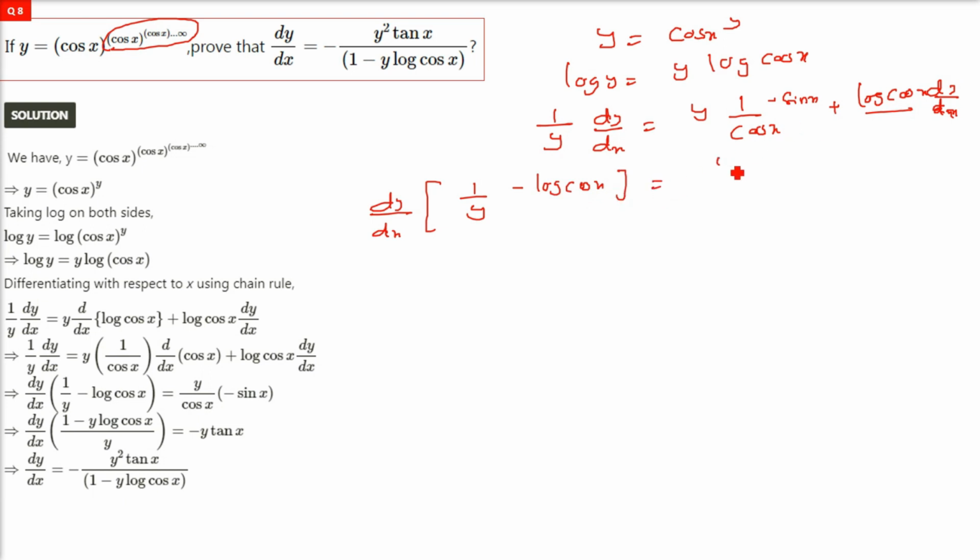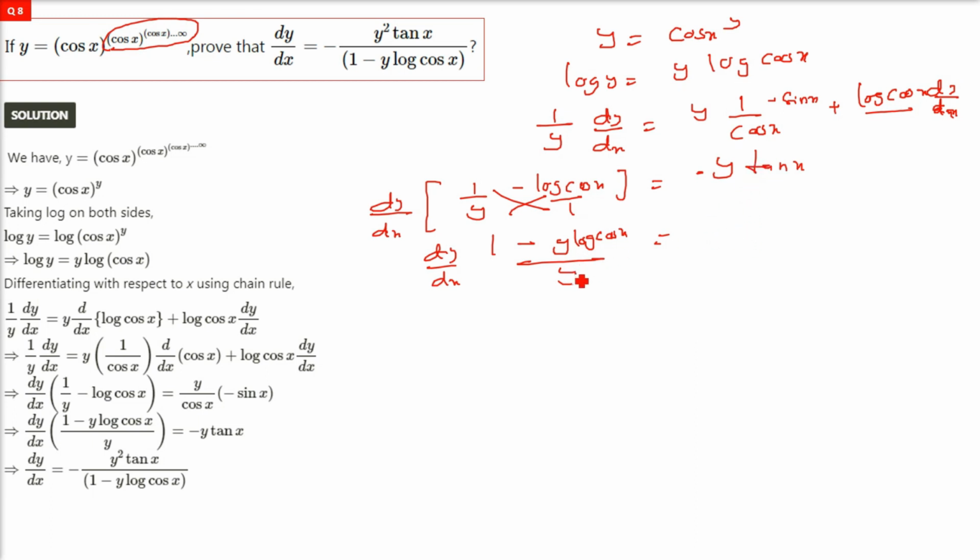And this is equal to, this sin x by cos x is tan x. So it will be negative tan x minus y tan x. This you can solve. So 1 minus y log cos x divided by y. This is dy by dx, and I'm taking this from the left to the right.